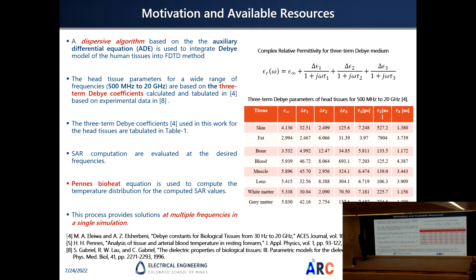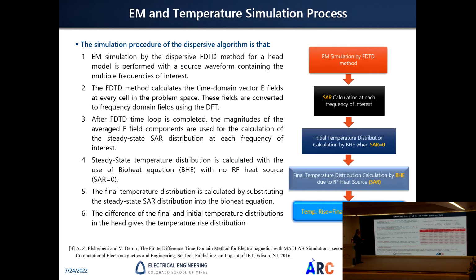After we calculate the E and H inside the human head, we can calculate the temperature rise in the human head due to the exposure with the electromagnetic field. So this is the process itself. We run a finite difference time domain in dispersive format. We calculate the specific absorption rate, and we calculate the temperature distribution in the human head, assuming that there is no distribution of electromagnetic field inside the head.